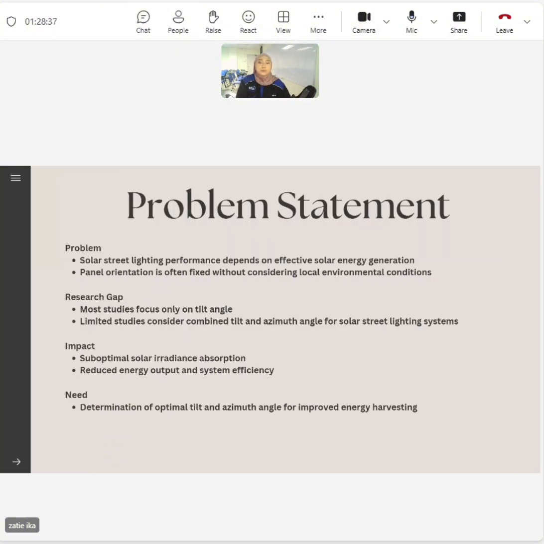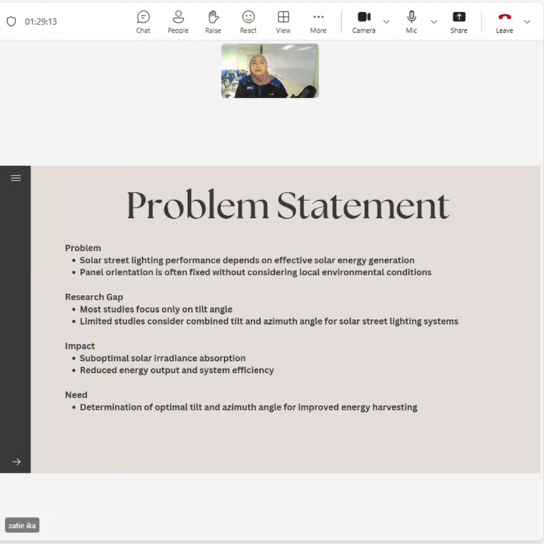We move to problem statement. The performance of solar street lighting depends on effective solar energy generation. However, in practice, panel orientation is often fixed without considering local environment condition. Most studies also focus on tilt angle with limited analysis on the combined effect of tilt and azimuth angle.